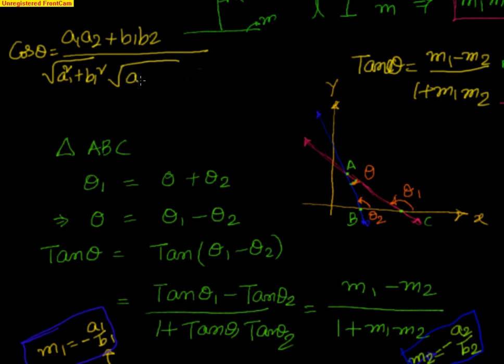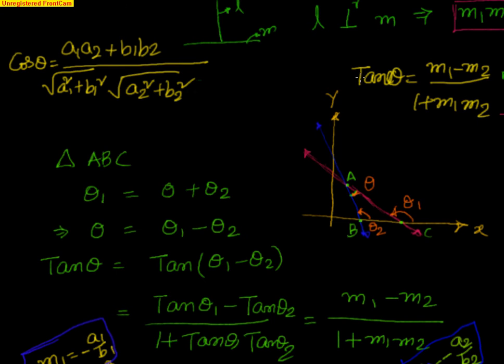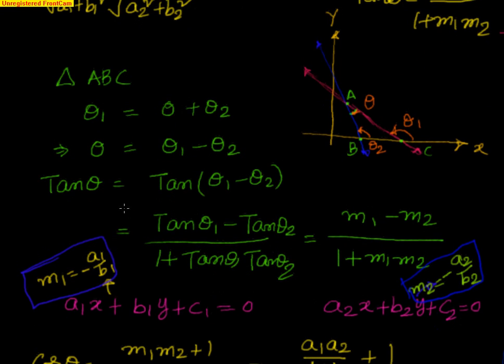This is what we have found with respect to the angle between two lines. So we'll be using this tan theta formula whenever you have been given slopes. You'll be using the other formula when you have been given the lines in the form a1x plus b1y plus c1 equal to 0 and a2x plus b2y plus c2 equal to 0.